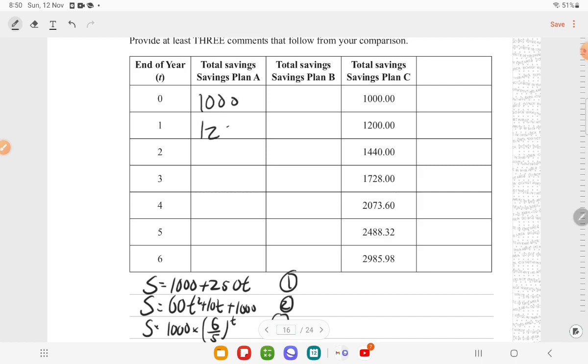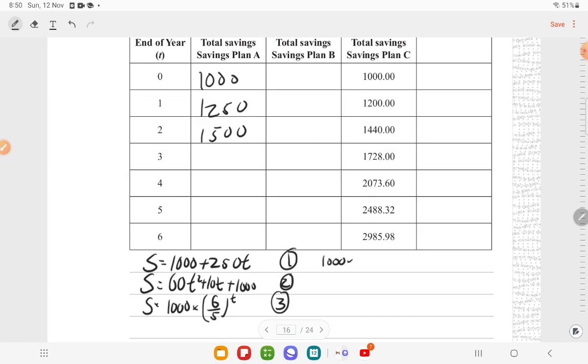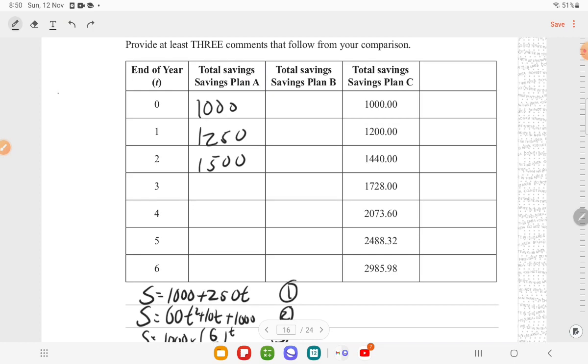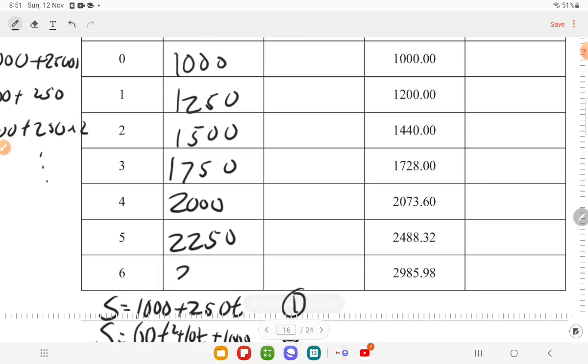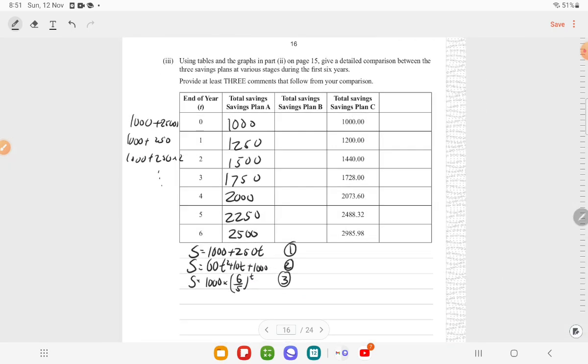So the values are 1,000, 1,250, 1,500, because it's 1,000 plus 250 times 0, 1,000 plus 250 times 1, 1,000 plus 250 times 2, and so on. So 2,000, 2,250, 2,500.